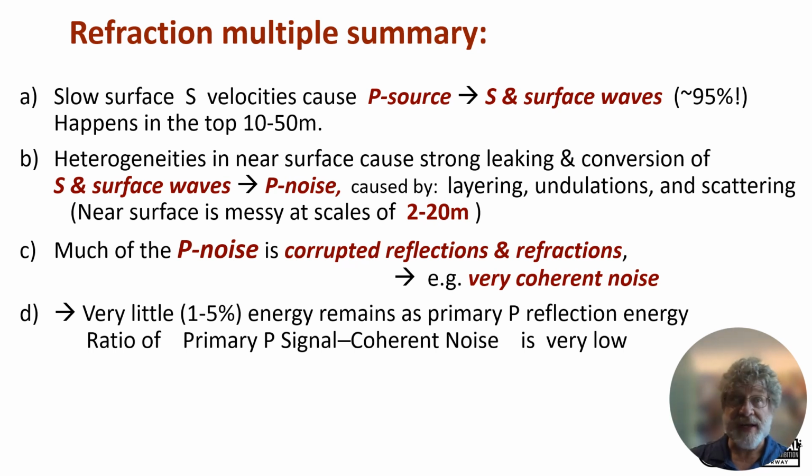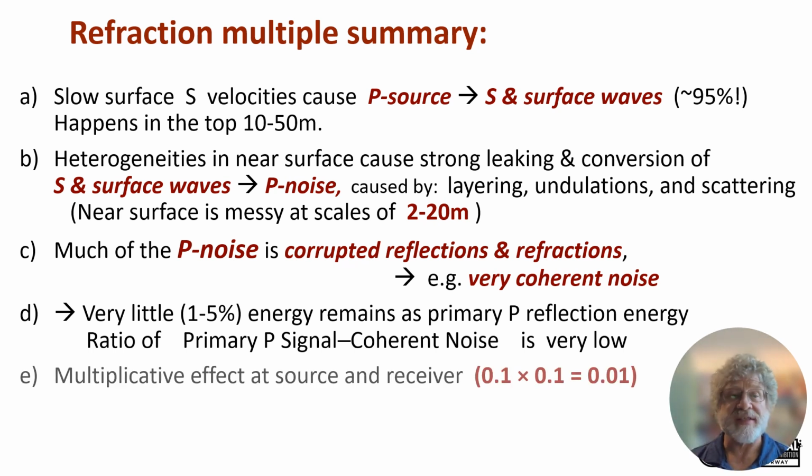Can be 10% or can be 0.1 or maybe even less. And then you have a multiplicative effect at the source and the receiver. So if you have 10% remaining at the source and 10% at the receiver, that means your net result is only 1% remaining. And this is why we sometimes need 10,000-fold with land seismic data.